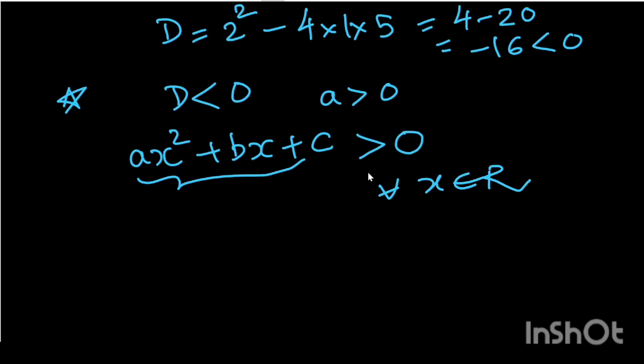This is a quadratic identity when the discriminant is negative and a is positive. This will always be positive, guys.